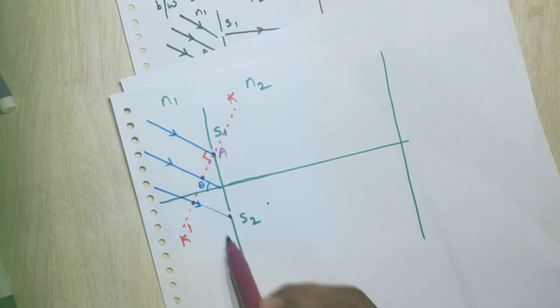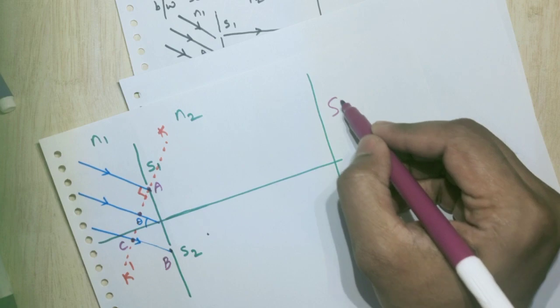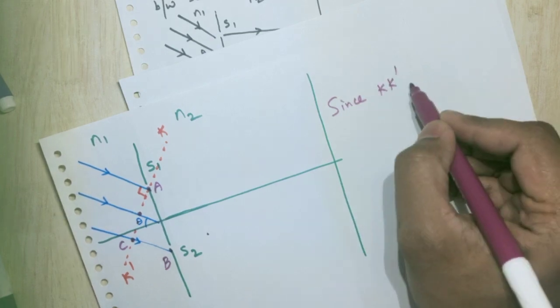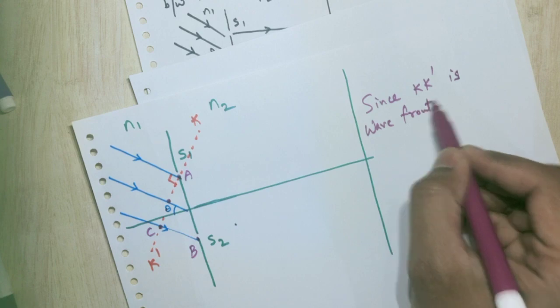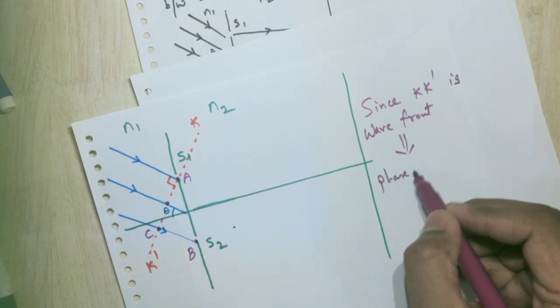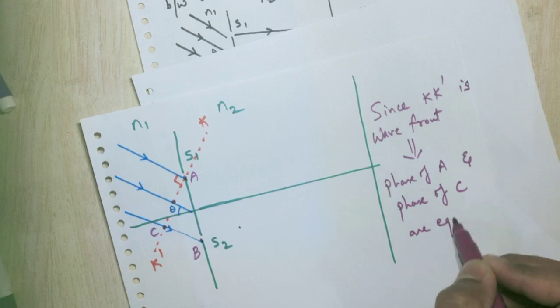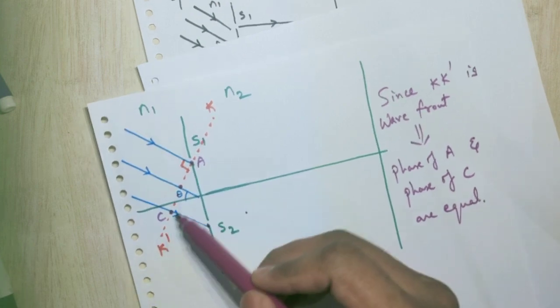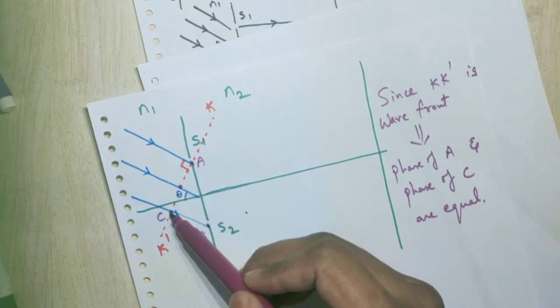Let this point be B and let this point be C. Now you can see that since K dash is the wavefront, all the points on this wavefront will oscillate with the same phase. So you can say the phase of A and the phase of C are equal.